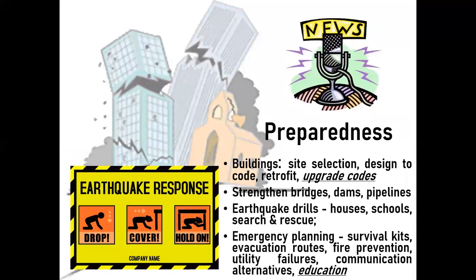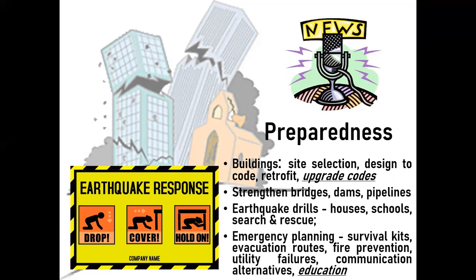Then we have to practice what are called earthquake drills. And we have to do them in our houses as well as in the schools or workplaces or any other place that we may be in daily, as well as search and rescue that comes after the earthquake has stopped.